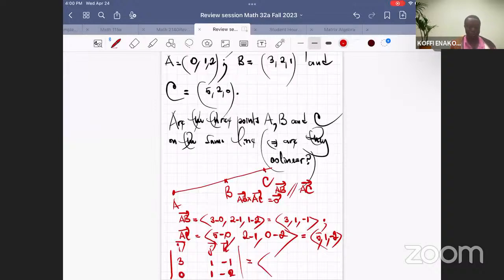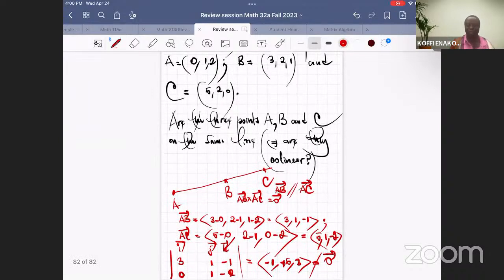We want to check if this is a 0 vector or not. I'll have negative 2 plus 1 for the first component, which is negative 1. So this vector is not going to be a 0 vector. Next, that will be negative 6. Is it negative 6 for the second? So positive 6. The third one is 3, which is different from the 0 vector.